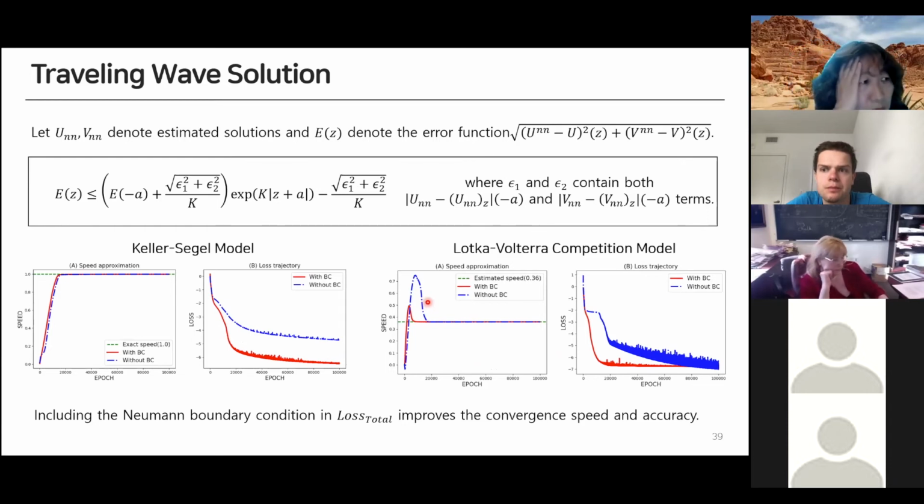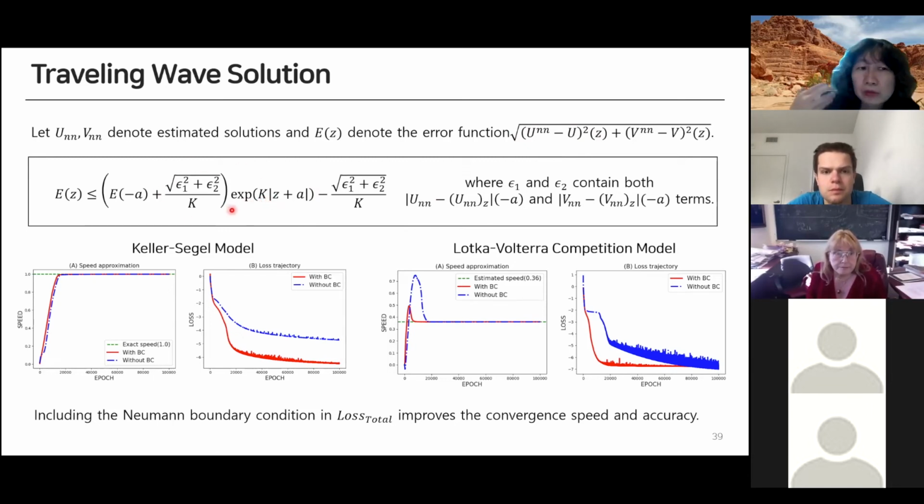Okay, so finally, using a Gronwall type of inequality, we can also find an upper bound like this for the difference between the neural net solutions and actual solutions. The upper bound depends on the length of the truncated area and the difference in function values at the endpoints, etc. So this is good, right?